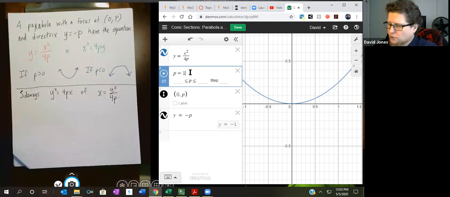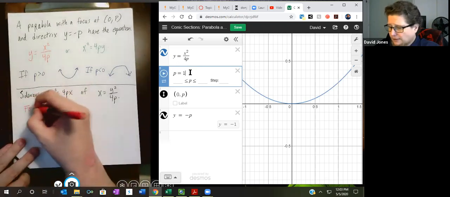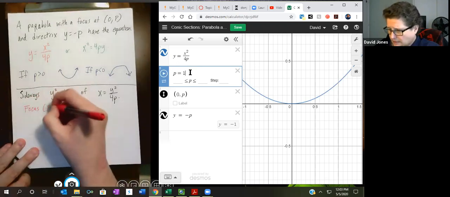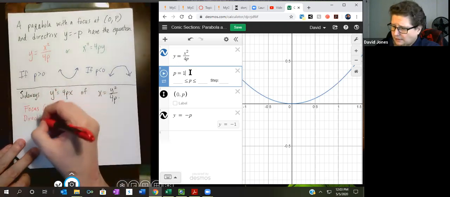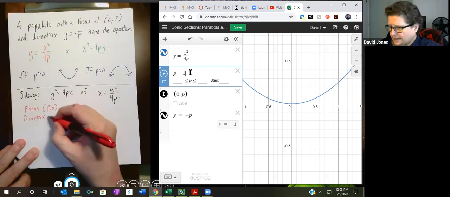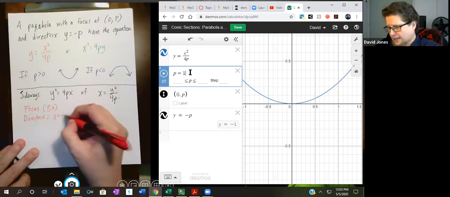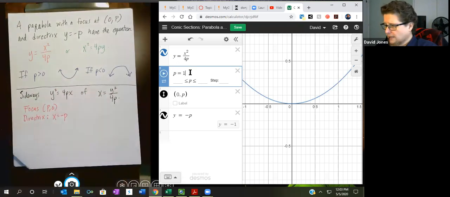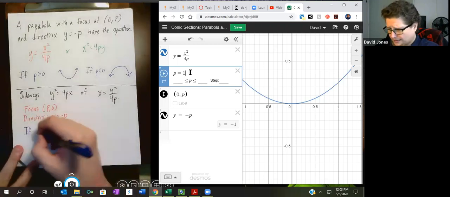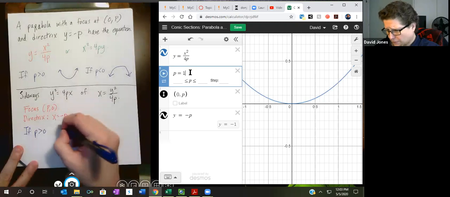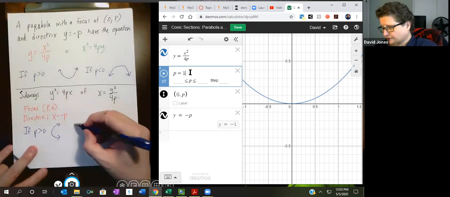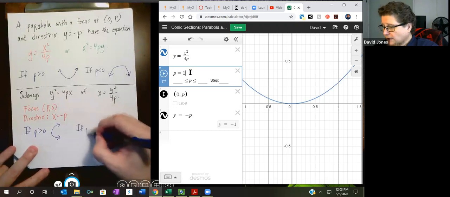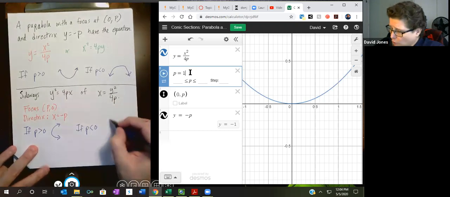Here, the focus will be (p, 0). Directrix is x equals negative p. And if p is greater than 0, it opens rightward. If p is less than 0, it opens leftward.